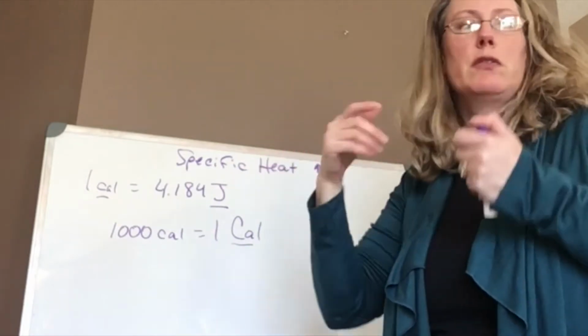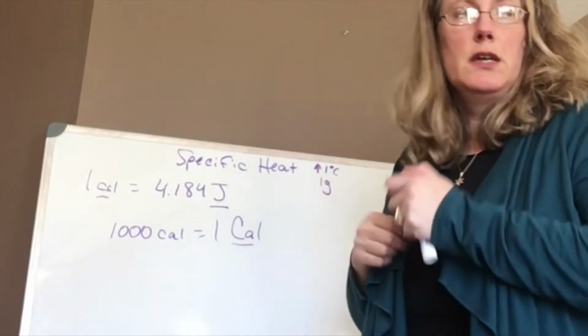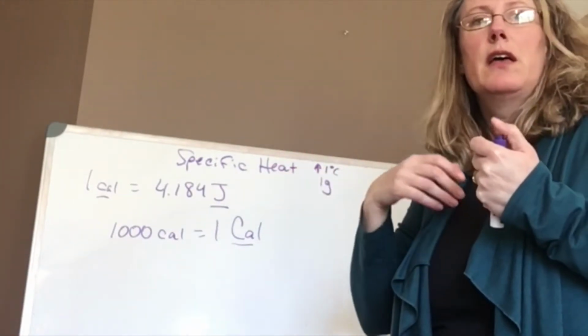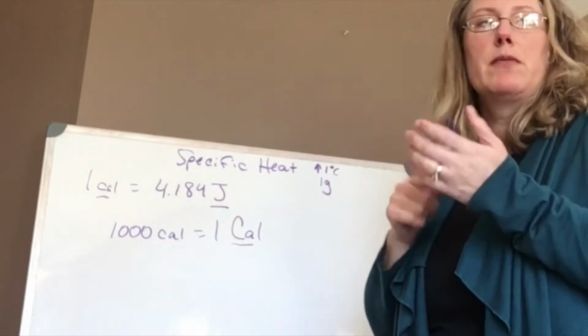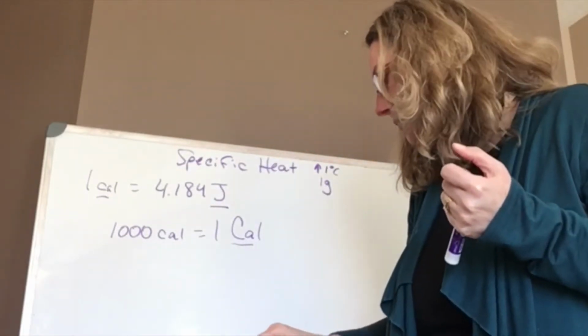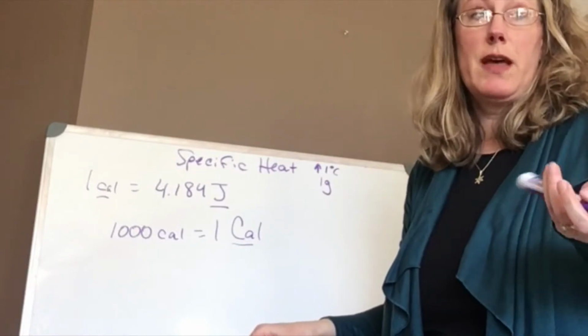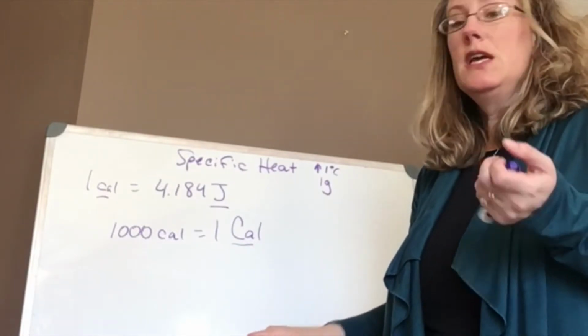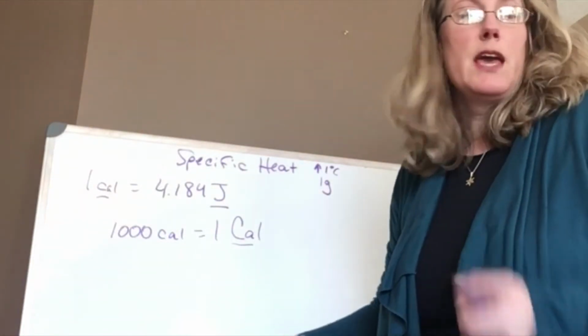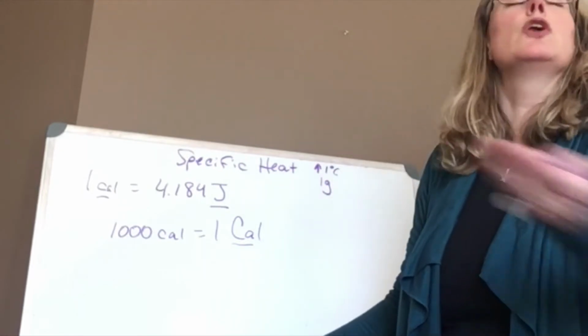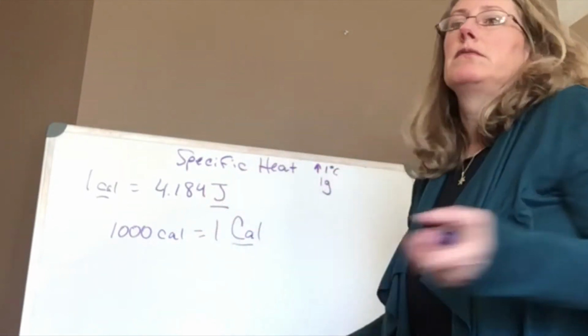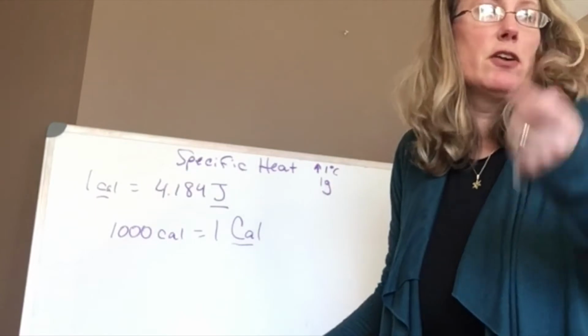Because we could go to a chart, we can look it up on Google, look up the specific heat of a certain amount and be able to figure out what that item is, which is kind of what you're going to be doing in your lab. You're going to figure out the specific heat, and then you can use this table if you want and just say it's closest to glass, copper, whatever.